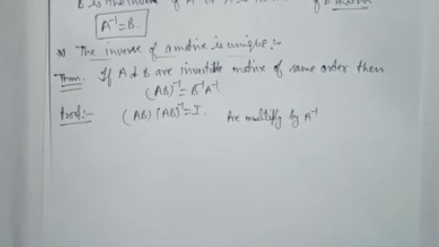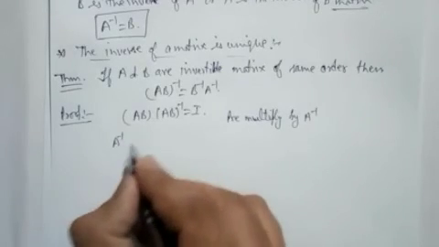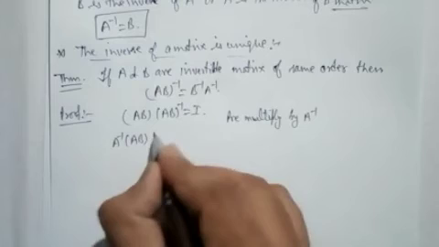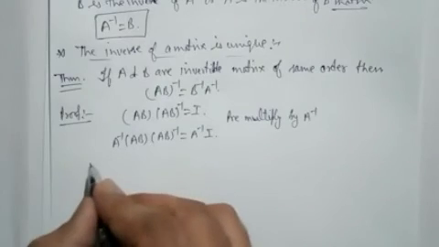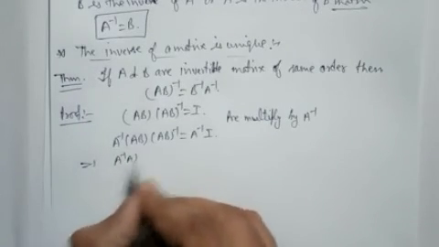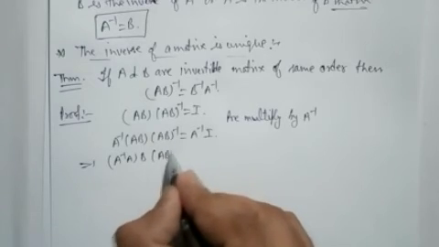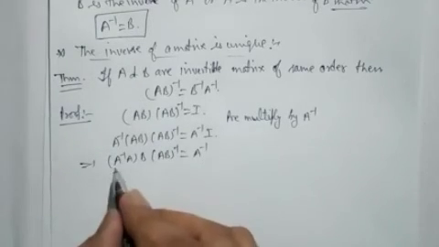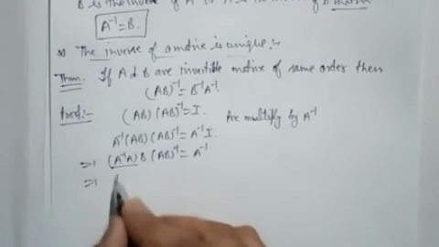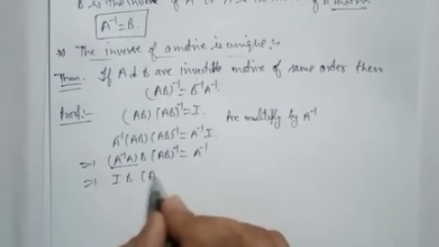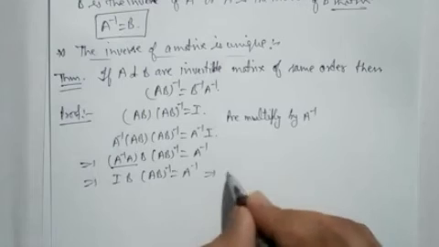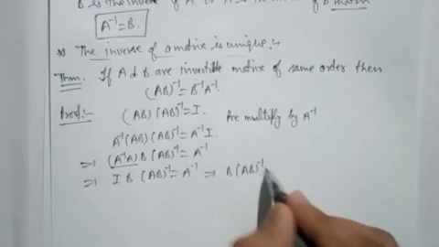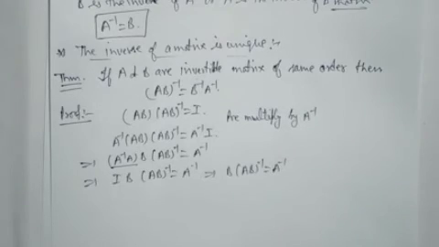If we pre-multiply by A inverse, then A inverse AB into (AB) inverse equals to A inverse I. That implies A inverse A is I. That implies IB into (AB) inverse equals to A inverse. IB is B. So B into (AB) inverse equals to A inverse.